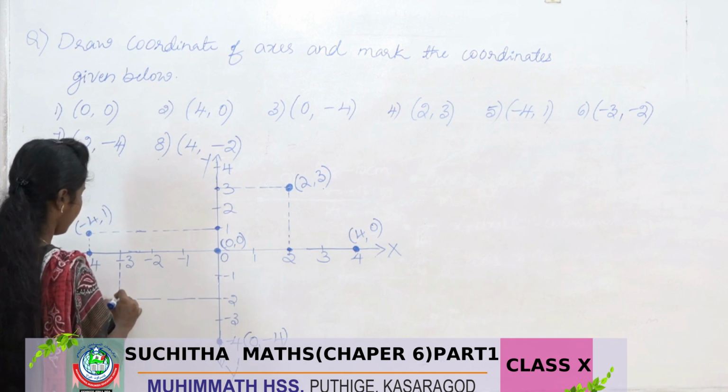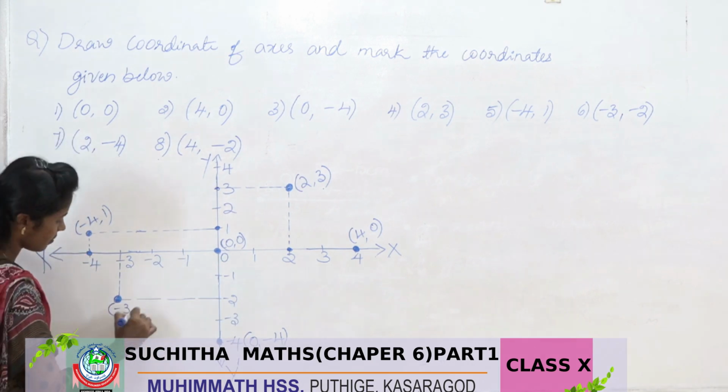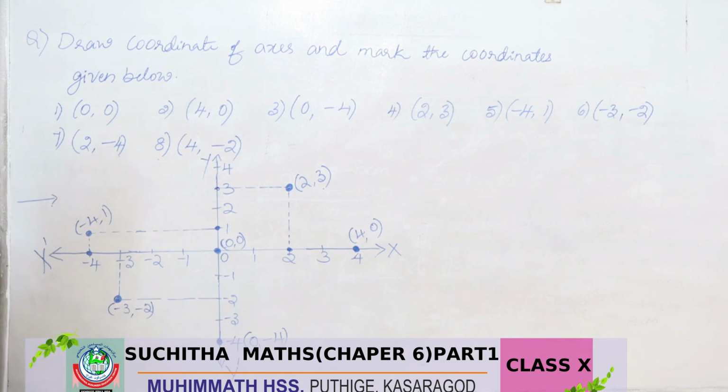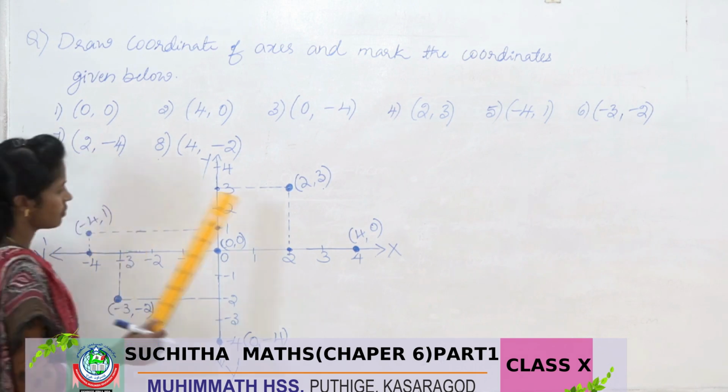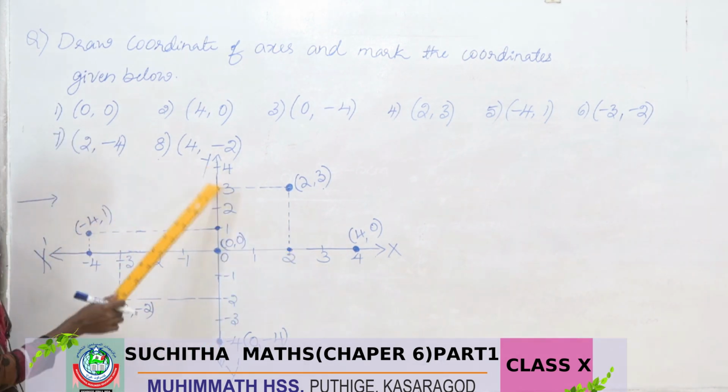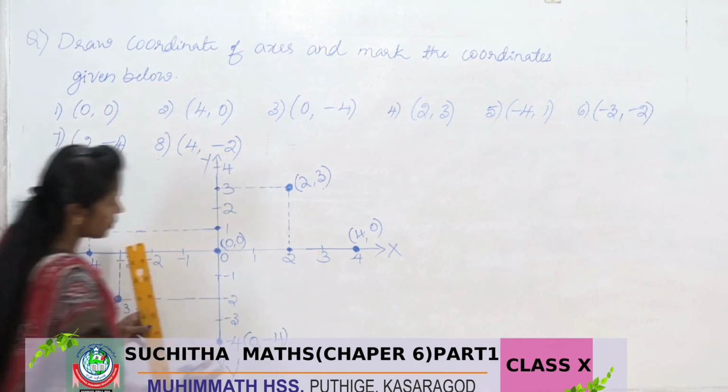This point is minus 3, minus 2. Next one, 2, minus 4. So 2 is the x coordinate, then minus 4 is the y coordinate. So 2, minus 4.